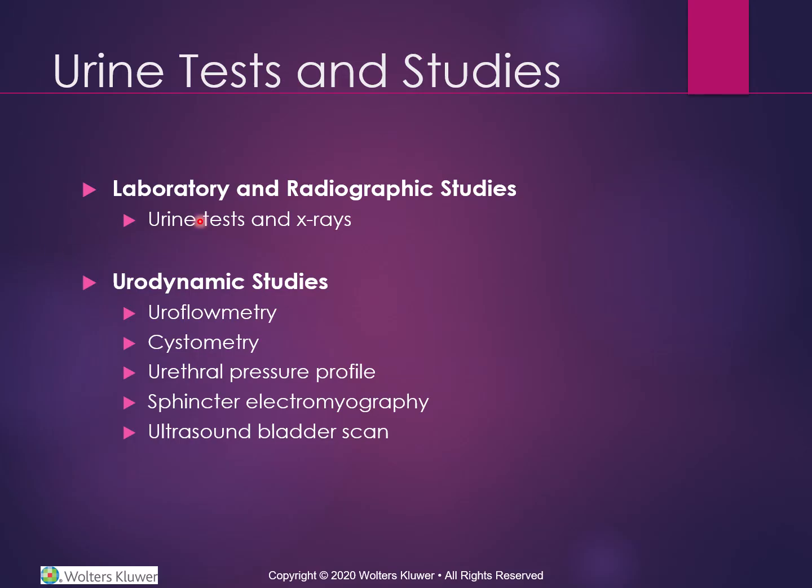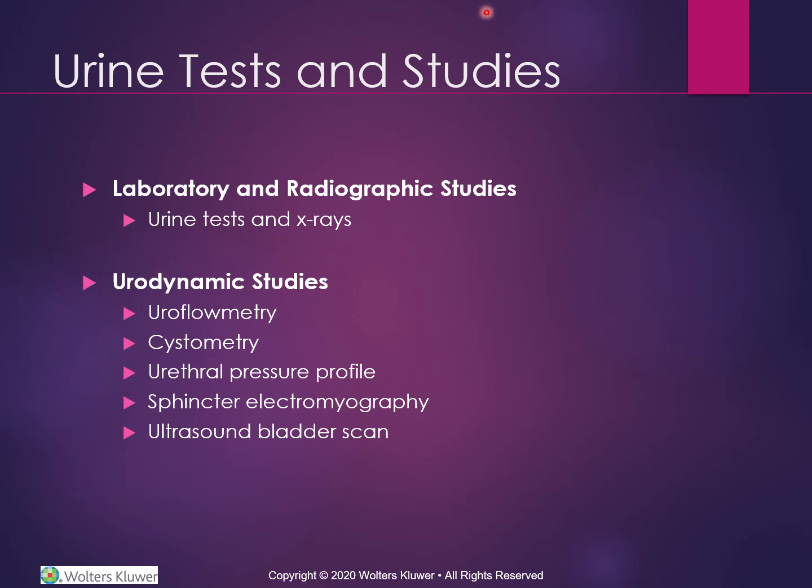There are different urinary tests and studies that we can use to look at things like bladder function. We talked about a lot of laboratory tests already, different urine tests, different serum tests to look at renal function. We can do x-rays as well, but there's also a group of what we call urodynamic studies.